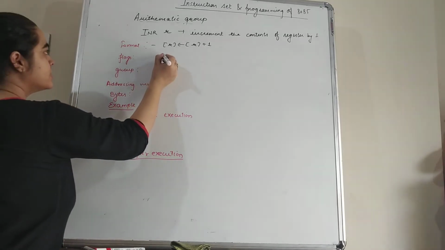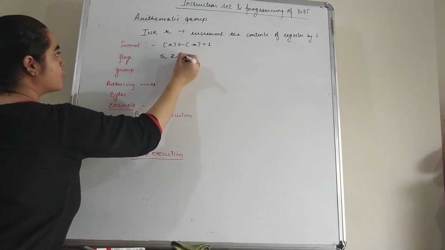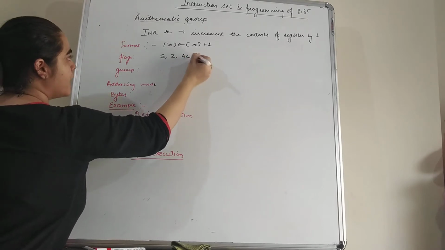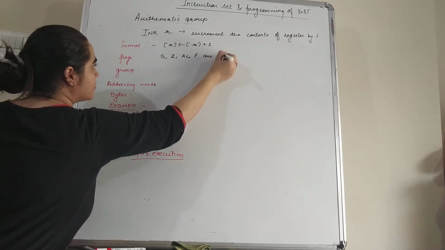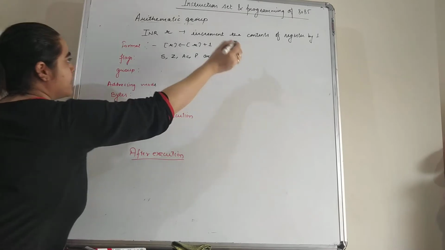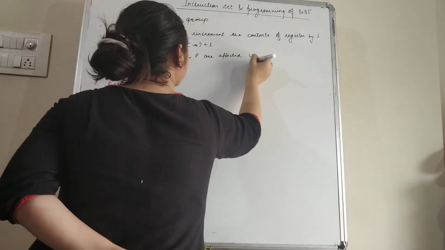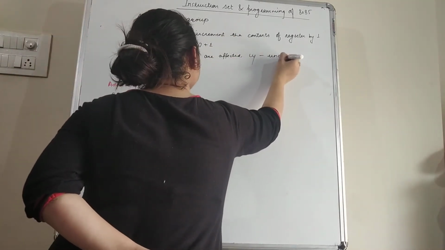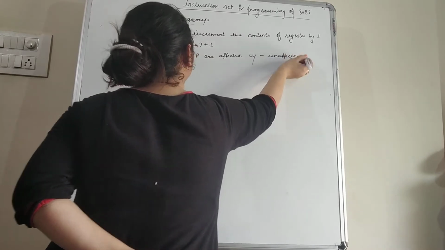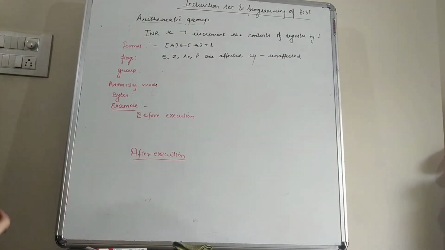So as for flags in this case, sign, zero, auxiliary carry and parity flags are affected, while the carry flag is unaffected. That means there is no change in the value of the carry flag after executing the increment instruction.